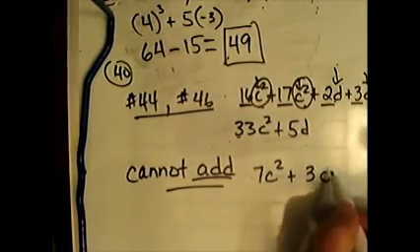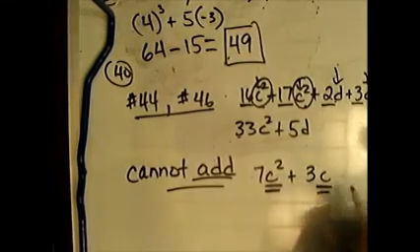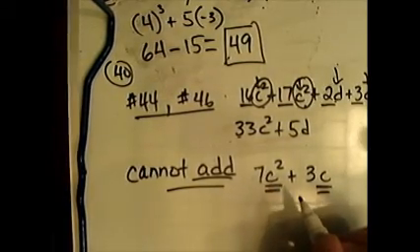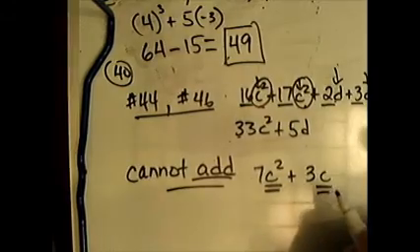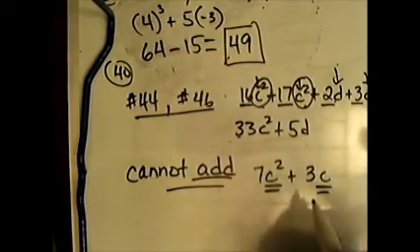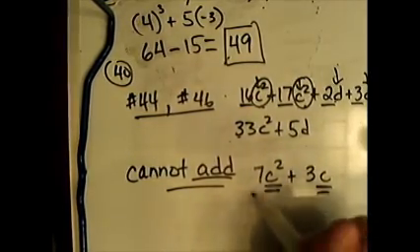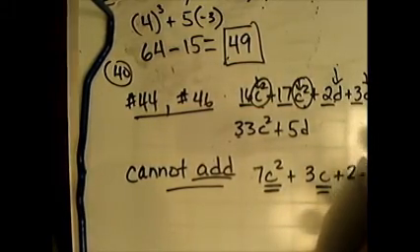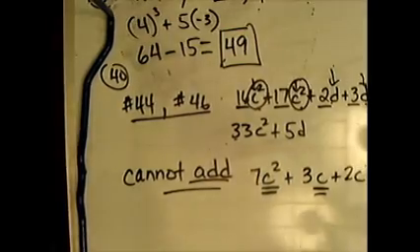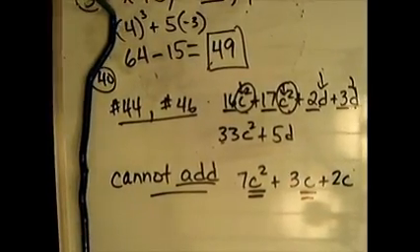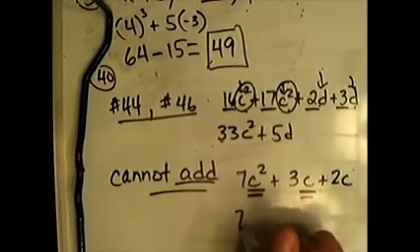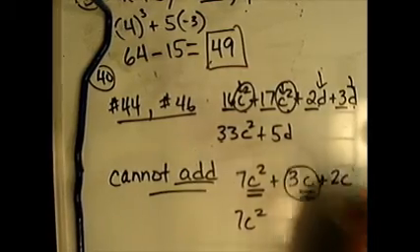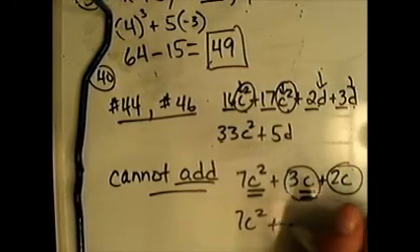That one has a 2, this one doesn't. So these are not alike. We're adding like terms, which means they have to be exactly the same, so these two cannot be added together. But if I had here a 2c, then I could keep the 7c squared and add the 3c and the 2c. That would be 5c.